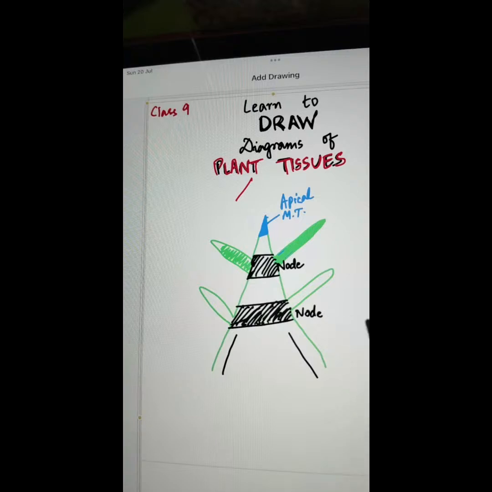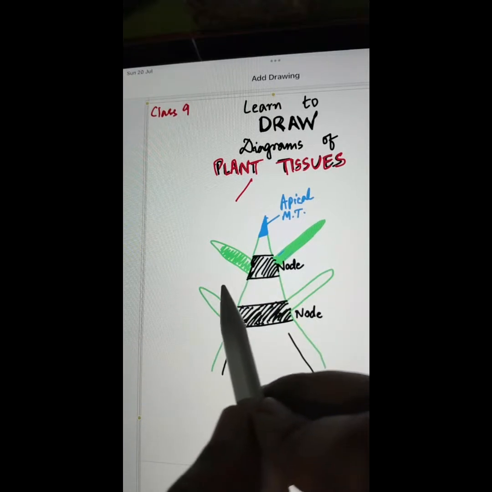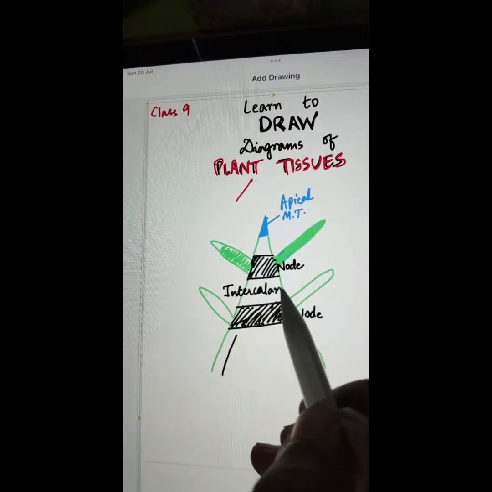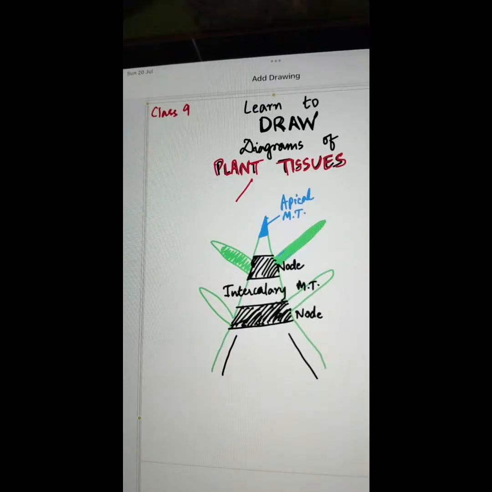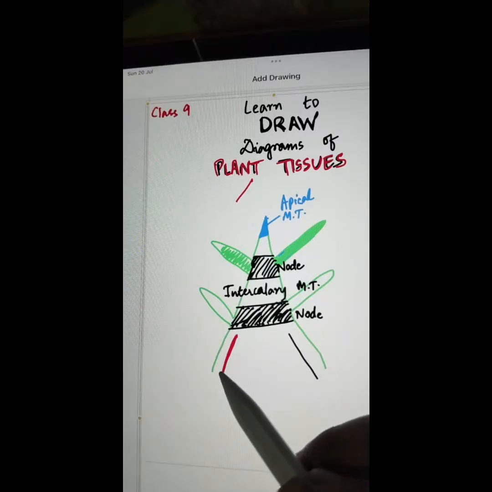So at the base of node, what do we have? We have intercalary meristematic tissue. If a question comes to draw, definitely draw it. We will talk more about it, but let's learn the location.